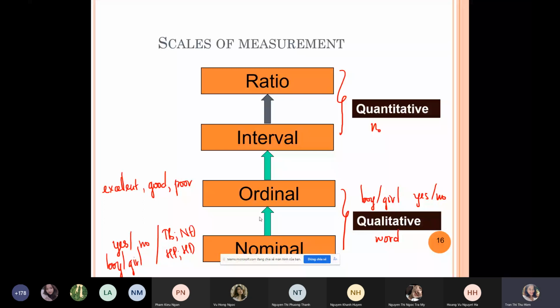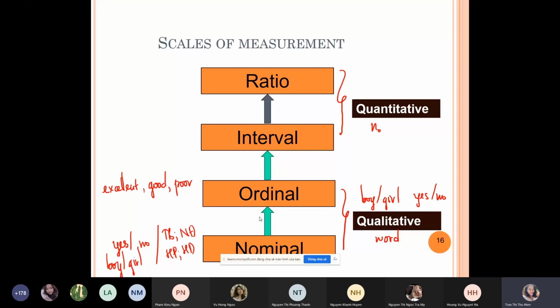Next, the scale of measurement for a variable is an interval scale if the data have all the properties of ordinal data, and the interval between values is expressed in terms of fixed units of measure. I mean that you can divide the data into small, consecutive intervals.